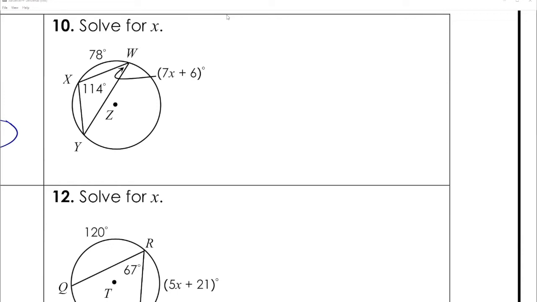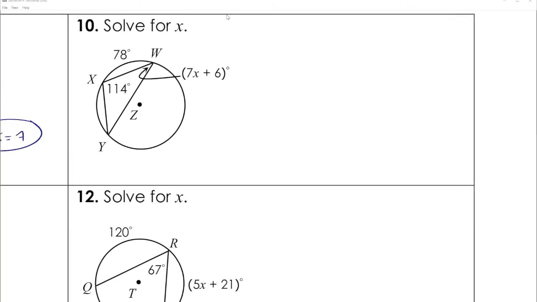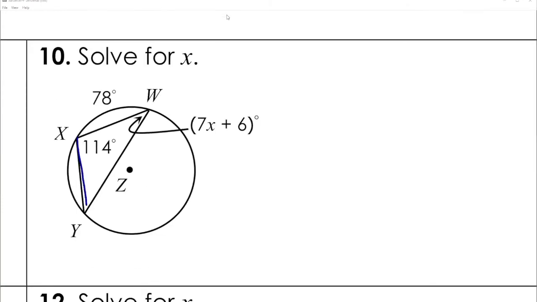We're eventually going to get there with the triangle sum theorem. Now we could double x, find WY, subtract that from 360, and then use that to get W. But let's work a little smarter, not harder. Let's go ahead and solve for this angle XYW, because we know it has an intercepted arc value.